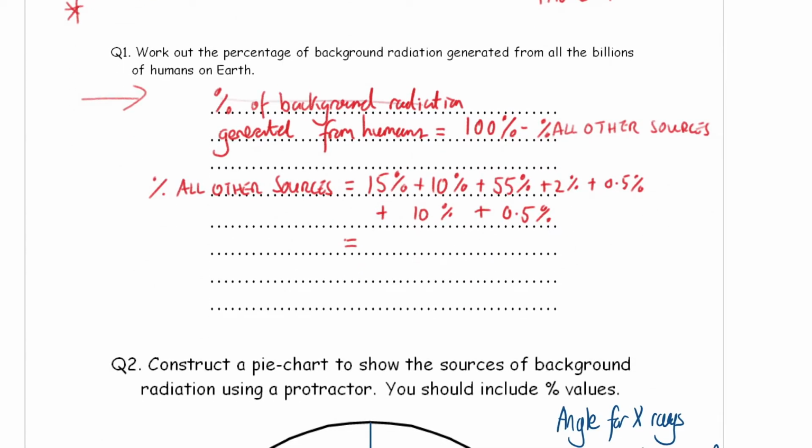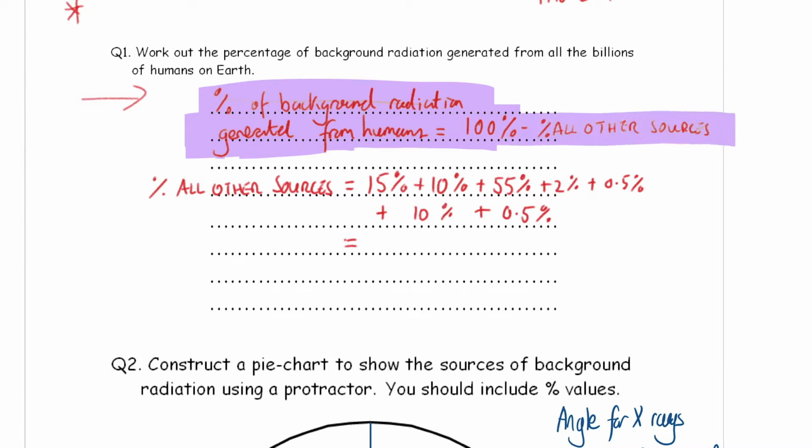So I've just summarized that here. So percentage of background radiation generated from humans is 100%, take away percentage of all other sources. Then underneath here, I'm going to add up all those other sources. They're all adding up to 93%, I think. Please check that yourselves. I may have made a mistake.